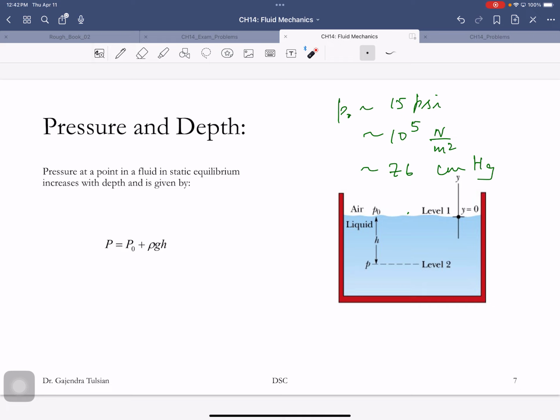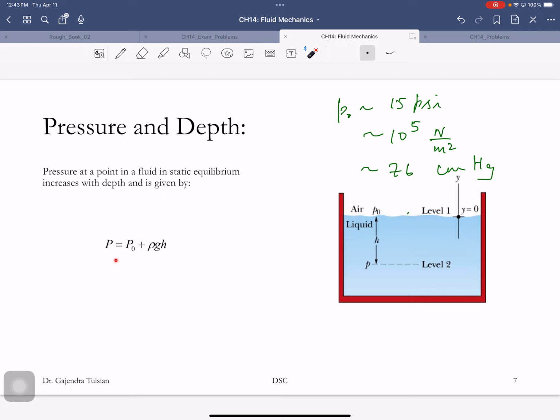Now, this shows the pressure as you go deep into a fluid. This is the atmospheric pressure on the surface of the liquid. For instance, this could be a lake. That's the pressure at the surface. If you go to a depth h, this is the additional pressure due to this column of liquid.